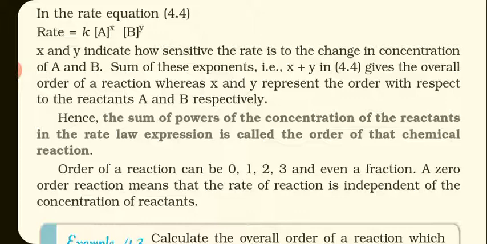The sum of these exponents, x plus y, in equation 4.4 gives the overall order of a reaction, whereas x and y represent the order with respect to the reactants A and B respectively. Hence the sum of powers of the concentration of the reactants in the rate law expression is called the order of that chemical reaction.